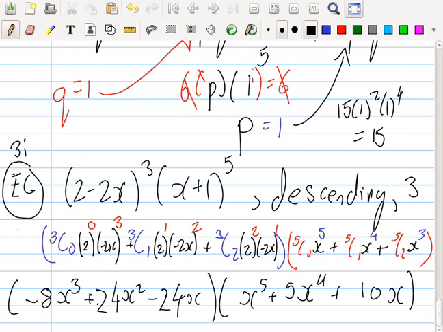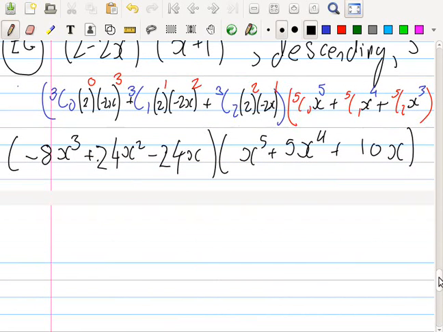Right, okay. Now, I'll scroll back up, don't worry. I'm not actually finished yet because I need to get these simplified. I need just 3 terms in total. So I need to multiply these, but please note, you don't have to do all 9 multiplications.